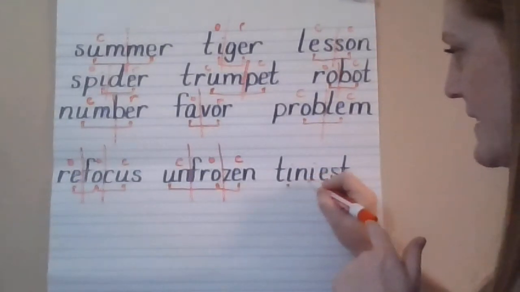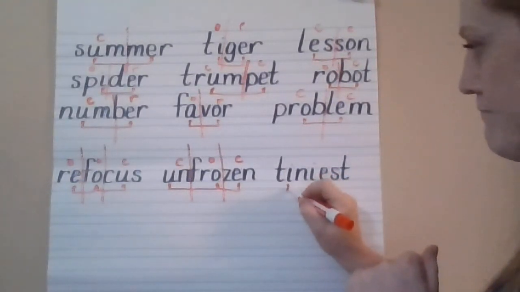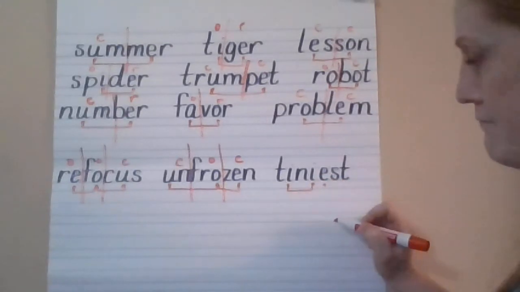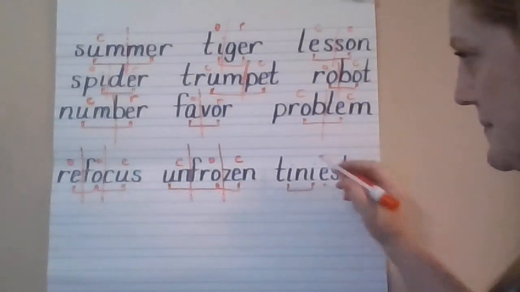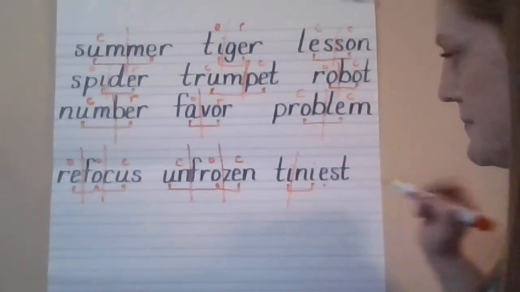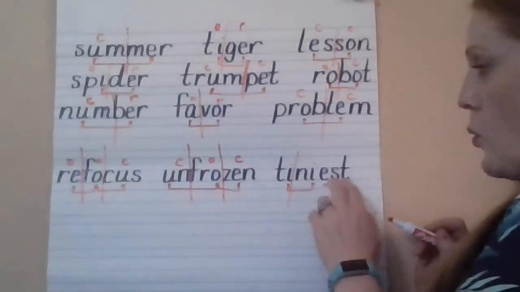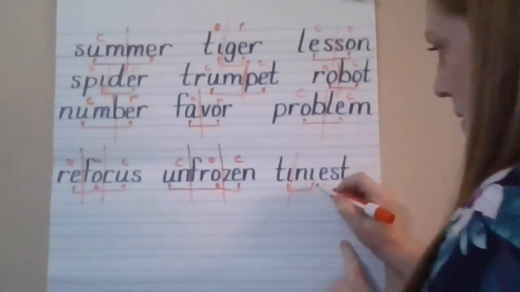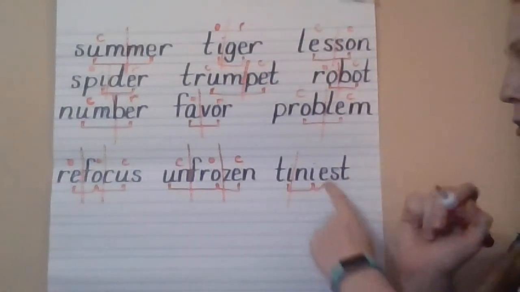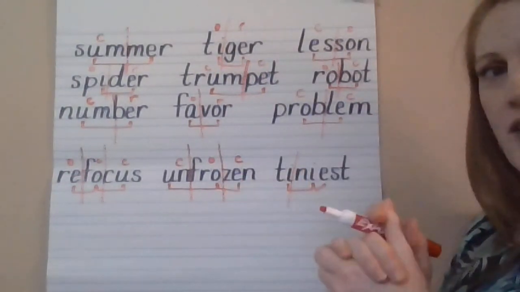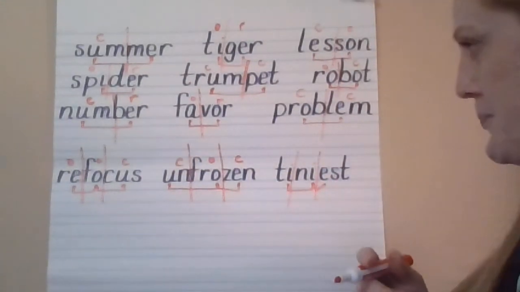I see I, and E. It's my bridge. I have one letter. I'm going to break it up there. Now, we know there's nothing on the bridge between here, but we know the EST goes together as a suffix. So we are going to divide that here.